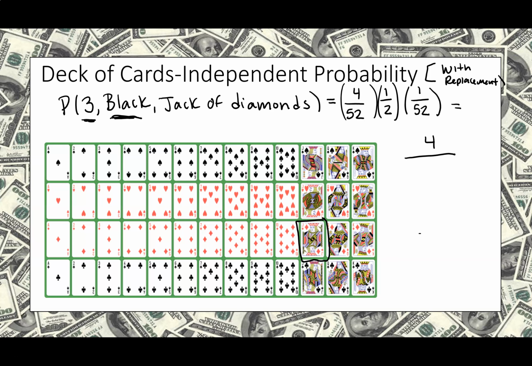And then we multiply across our denominators, and that gives me 5408. You absolutely need to watch that video on reducing fractions. And after doing that, we get 1 over 1352. So a pretty low chance of picking out a 3, putting that card back, picking out a black, put that card back, and then picking out a jack of diamonds.